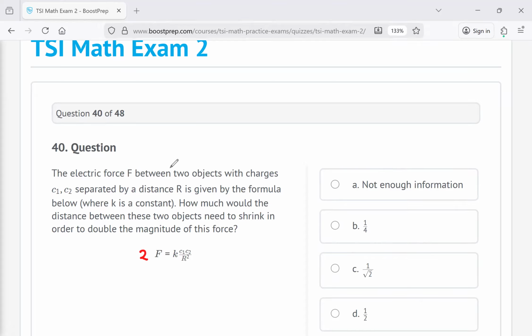So let me write this out. So we have F equals K times C1 times C2 all over R squared.